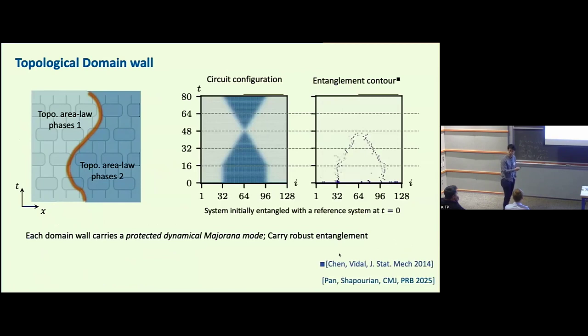This is a real numerical simulation on a chain of 128 Majorana modes. These two regions are basically where I parameterize the circuit to put the two different phases. You see domain walls. They're not really sharp. There's a profile, but not quite visible. And I initially entangled this whole system with some reference system just to keep track of entropy.